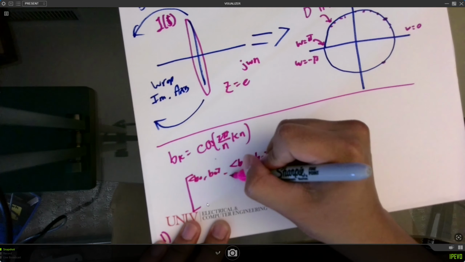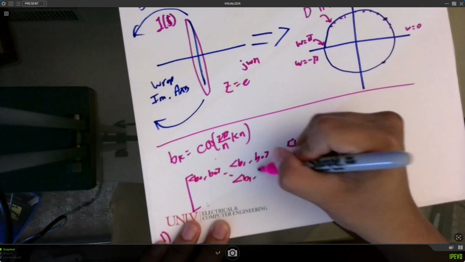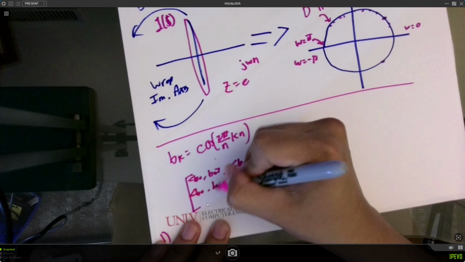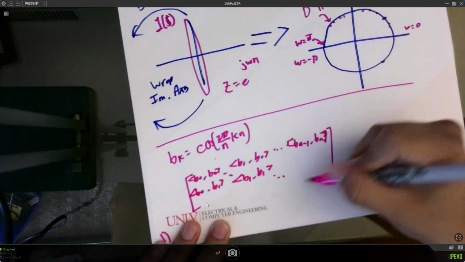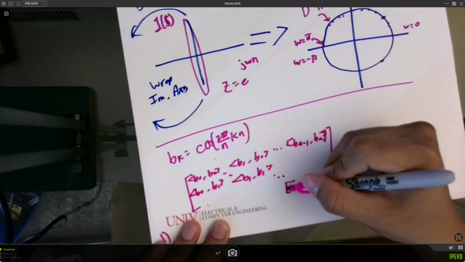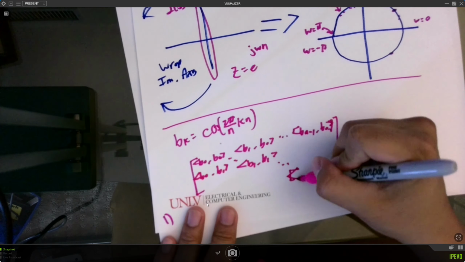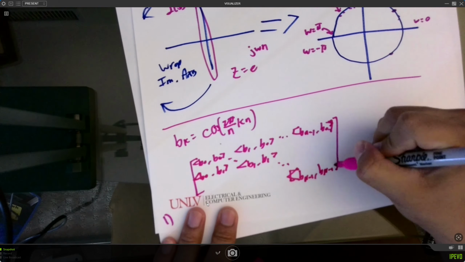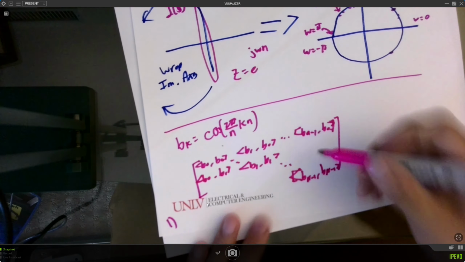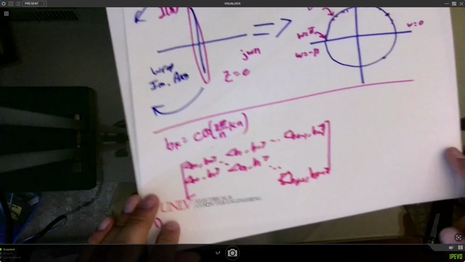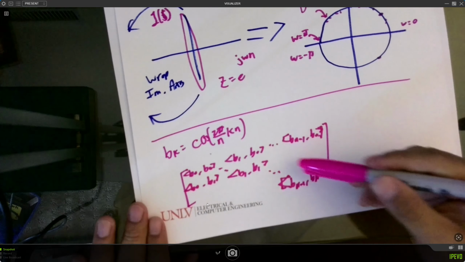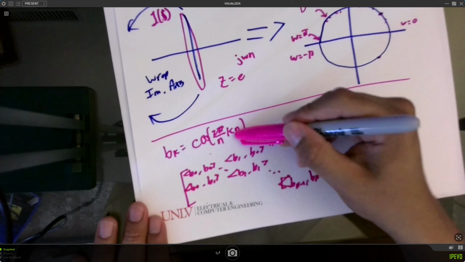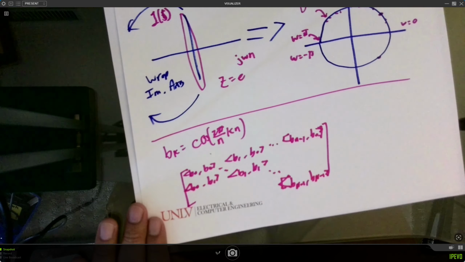This right here is b of 1, b of 1. This is b of 0, b of 1, dot dot dot. B of n minus 1, b of n minus 1. So the point of this is to prove, well, we want to solve for every value given whatever k or however long of a signal that we have.